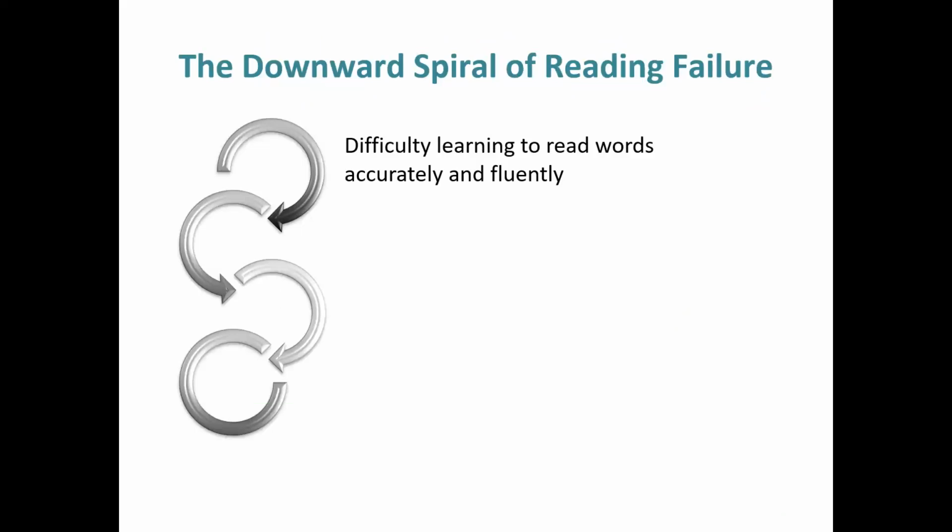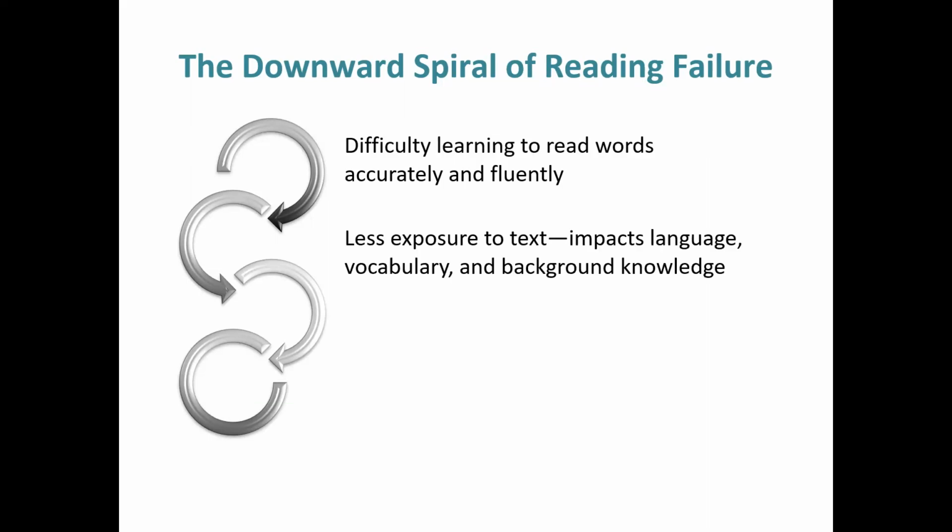Students who have difficulty learning to read words accurately and fluently are going to struggle with reading more sophisticated text. They have less exposure to text, so they don't develop the language, vocabulary, and background knowledge they need to become proficient readers. This begins the downward spiral, and these students might have a hard time ever catching up.